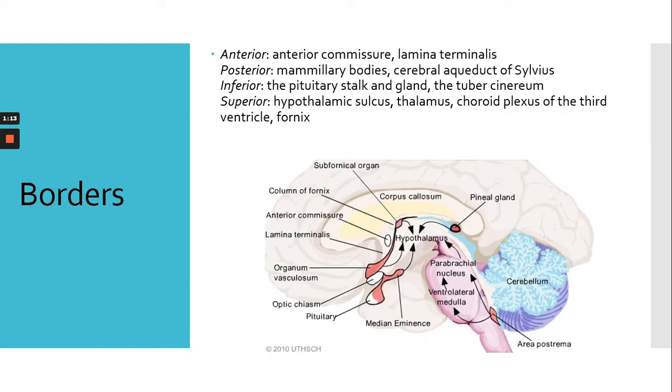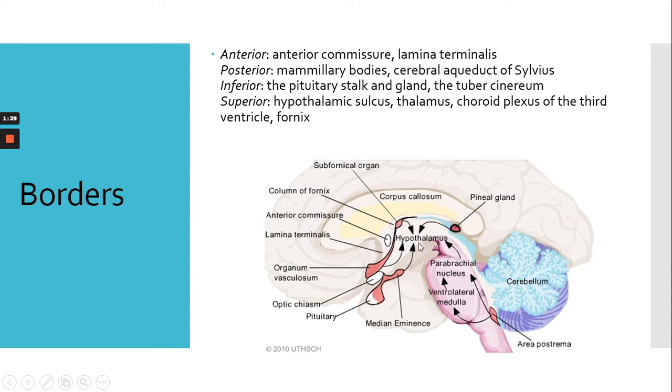Okay, so the anterior border of the hypothalamus is the anterior commissure, as you can see in this picture. This is the hypothalamus. This is the anterior side, and lamina terminalis and anterior commissure are the anterior borders. Posteriorly, you can find mammillary bodies and the cerebral aqueduct of Sylvius over here.